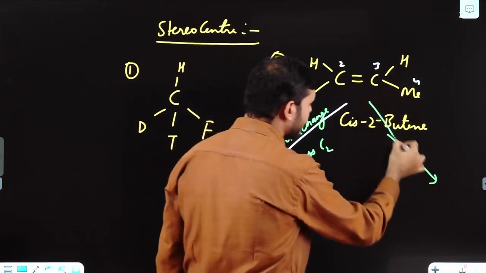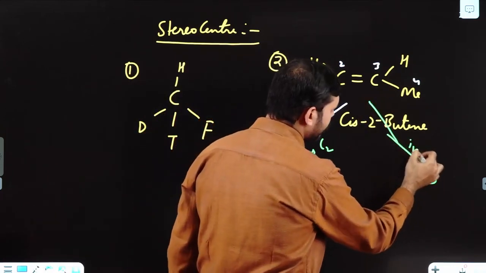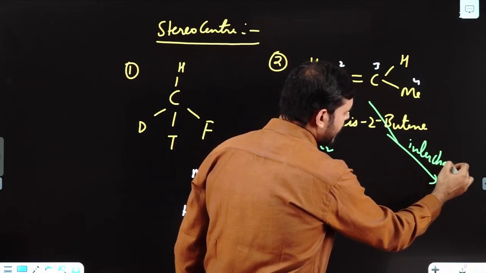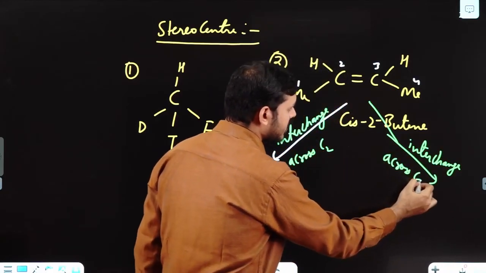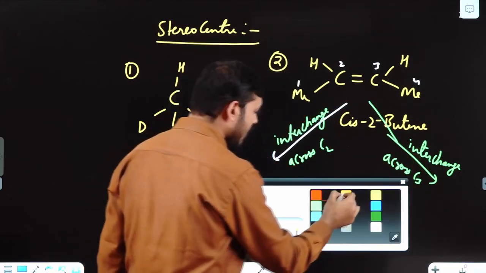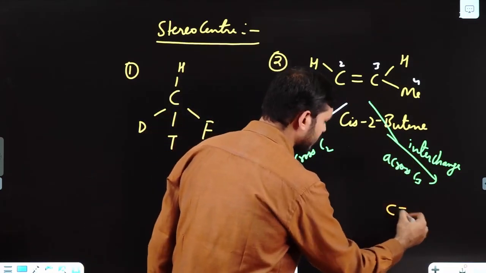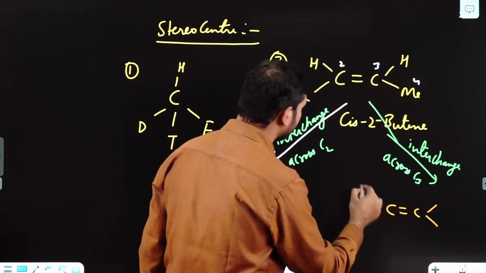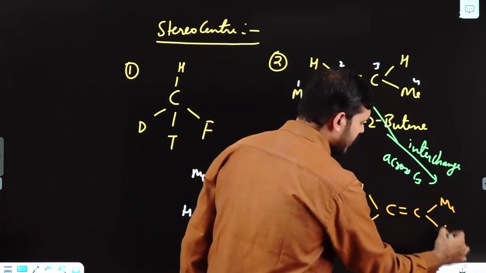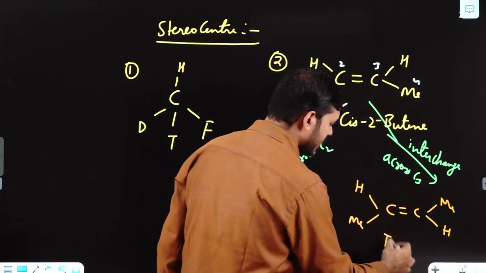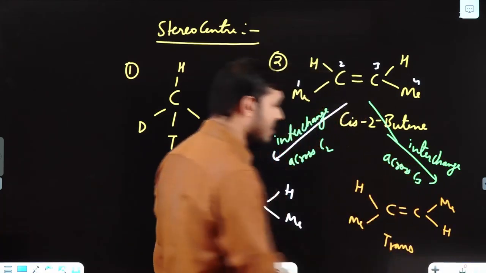Now again, let me interchange across C3, and what will I get? This H, Me as it is, this Me and H. Now you can see this is also trans.